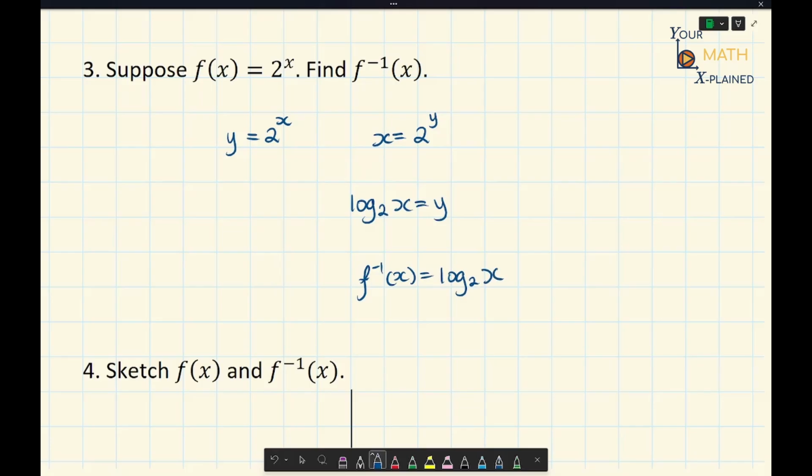So we can see that log base 2 of x and 2 to the power of x are actually inverses of each other. And similarly, if our base was 10, then 10 to the power of x and log x would have the same relationship. So this paves the way for us to easily graph the base log function, and we are going to be doing that next.